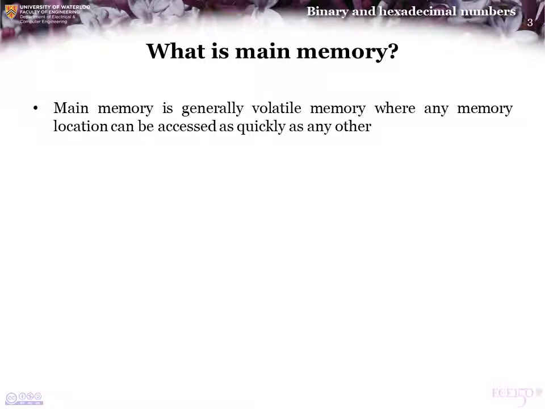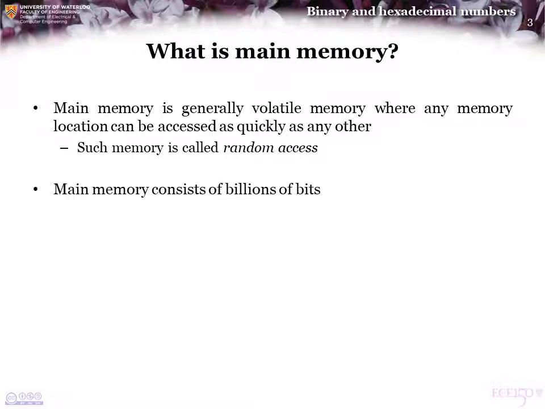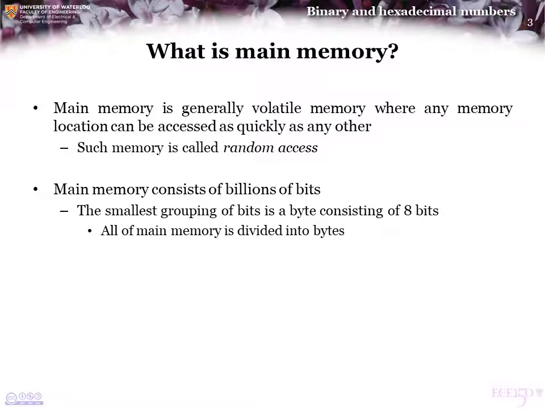Before we can start talking about integers, let's remember that main memory is generally volatile memory where any memory location can be accessed as quickly as any other. Such memory where you can access any entry as quickly as any other is said to be random access, hence RAM, or random access memory. Now, main memory consists of billions and billions of bits. The smallest grouping of bits is a byte, and this consists of 8 bits.